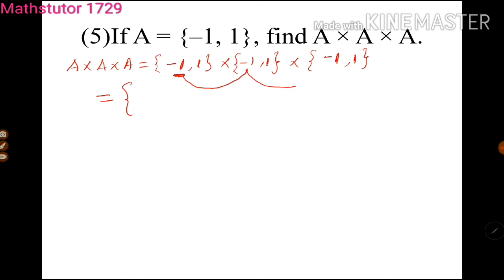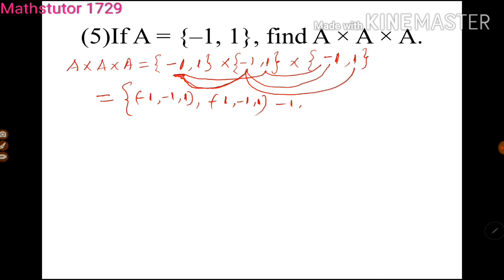We can write like this: -1, -1, 1. And the second one, fix this one and write this one. So -1, -1, 1. Okay. Now -1 maps with 1, and this is -1. So -1, 1, -1.